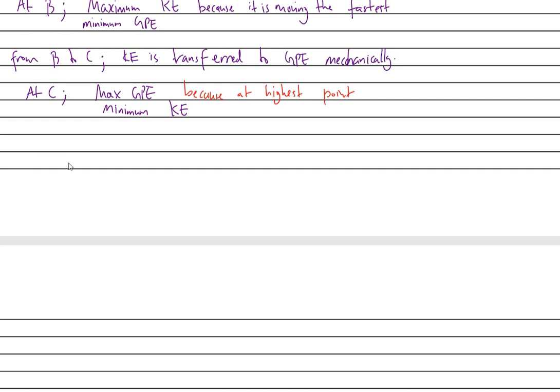This is because energy is dissipated or lost to the surroundings. How is it lost to the surroundings? Because of air resistance. Because it is swinging in the air, there's air resistance, and air resistance is going to cause the energy to be lost in this case.